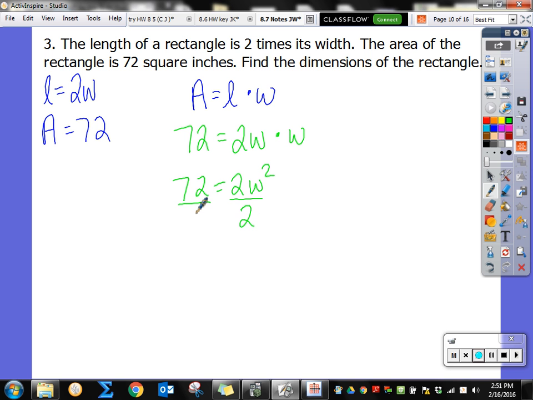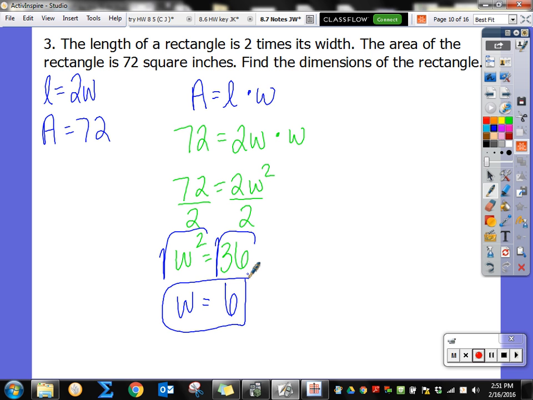So whenever you do that, divide by 2. So you get w squared equals 36. The way that you get rid of a squared is you take the square root. And what is the square root of 36? 6. So the width is going to be 6.